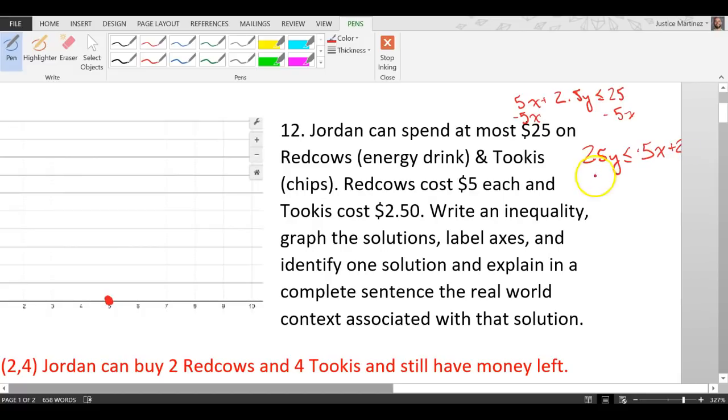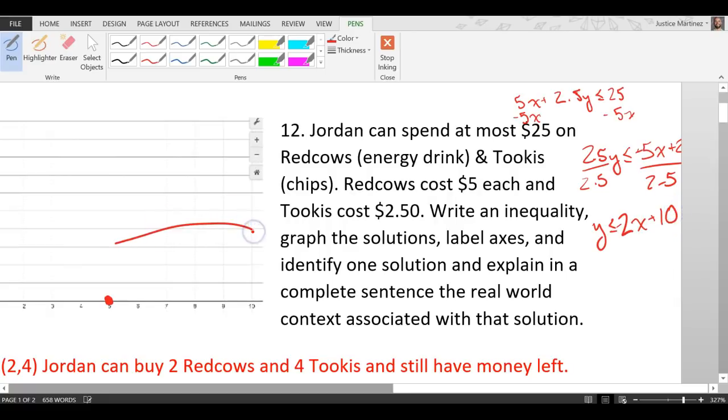Then I divide by 2.5. And I'm left with y less than or equal to 5 divided by 2.5, which is negative 2, so negative 2x plus 25 divided by 2.5, which is 10.